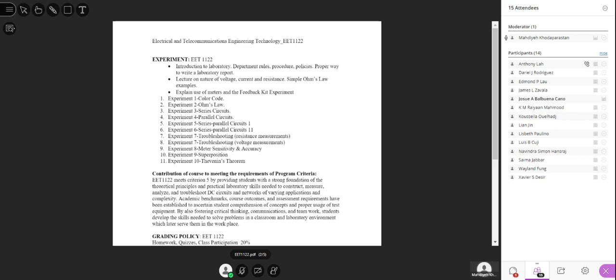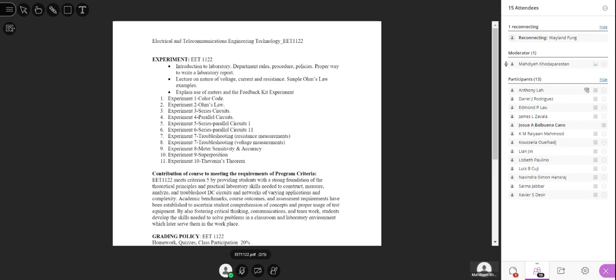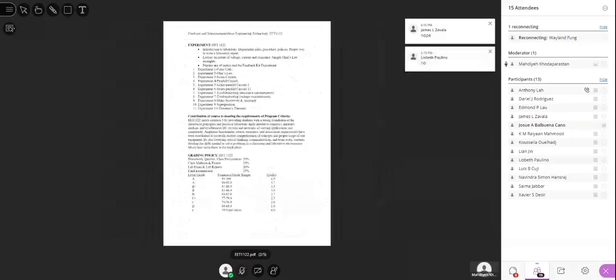Whatever you have here, at the end the combination will be up to 100, and depending on what number you get from the 100, this will be the letter grade, such as A minus, B, and C, that you may get. Any questions so far? If you have any question, please raise your hand. If not, I can continue.